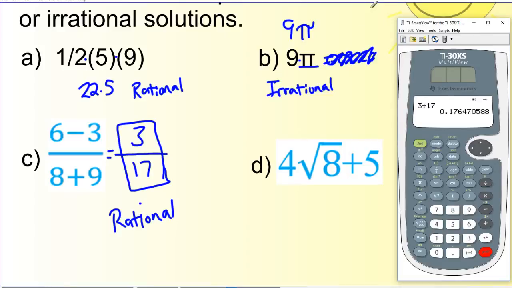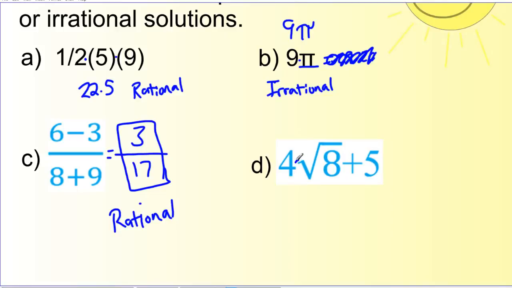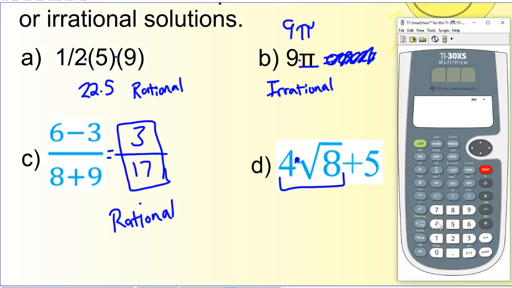All right. This next one, 4 times, there's a multiply there, 4 times the square root of 8 plus 5. So I'm going to do that first, then we add 5. So calculator here, 4 times the square root of 8.